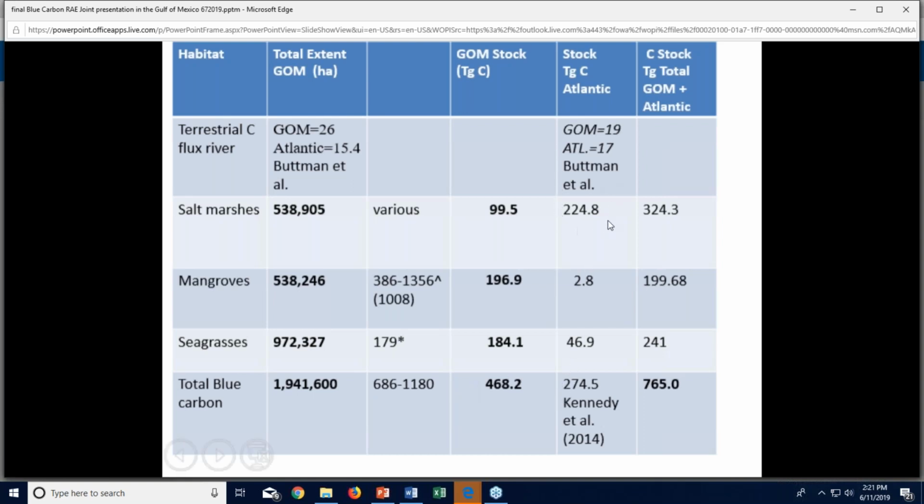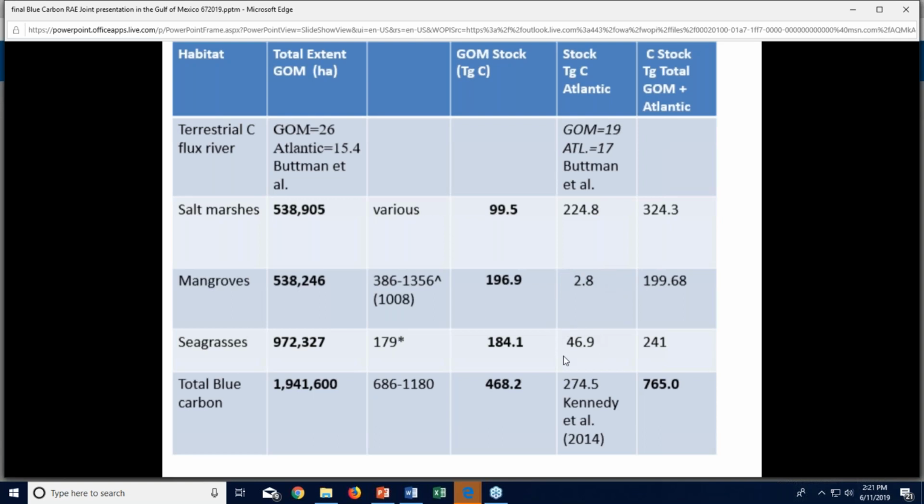The East Coast has much more salt marsh, and it has about 224. This is Kennedy's work in 2014, about 224 teragrams, which is much more than the Gulf of Mexico in terms of marshes, but much less in terms of mangroves, about 1/100th of the amount of the mangroves.